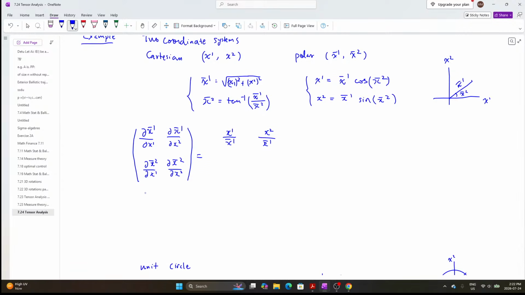All right, so hold on a second. This looks like nonsense. My goodness, why did I add a bar here? Why do I randomly add a bar here? Sorry about that. x^1 over x^2. So dx bar^2 over dx^1: the inverse tangent derivative is 1 over 1 plus x^1 over x^2 quantity squared, and then times 1 over x^2. All right, use the chain rule.